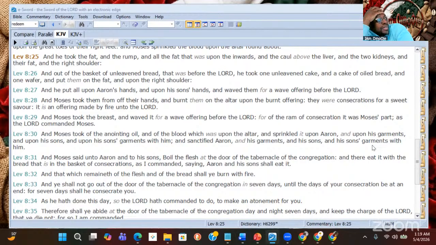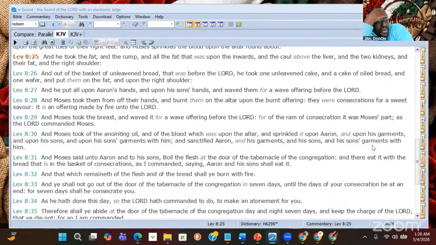And out of the basket of unleavened bread that was before Jehovah, he took one unleavened cake and a cake of oiled bread and one wafer, and put them on the fat and upon the right shoulder. And he put all upon Aharon's hands and upon his son's hands, and waved them for a wave offering before Jehovah. And Moshe took them from off their hands and burnt them on the altar upon the burnt offering.